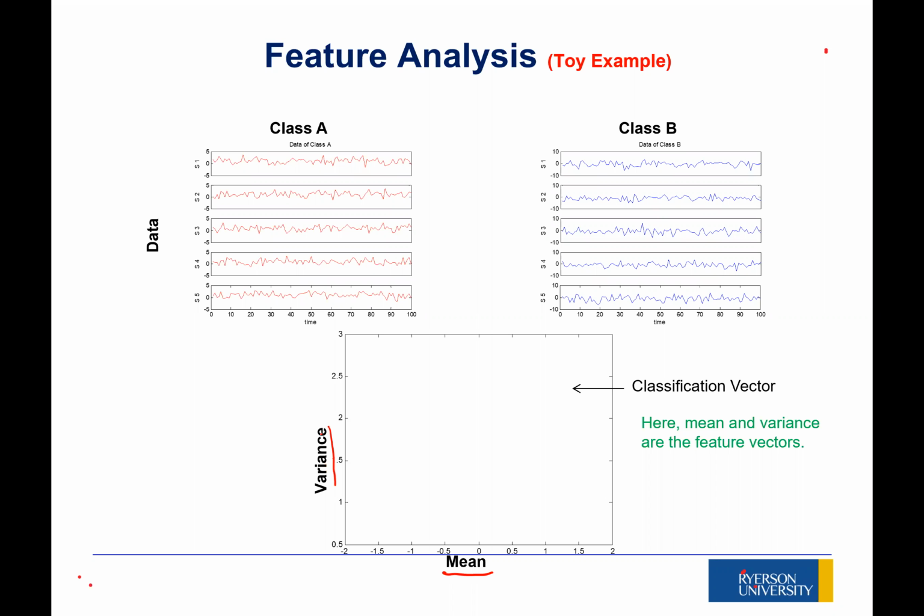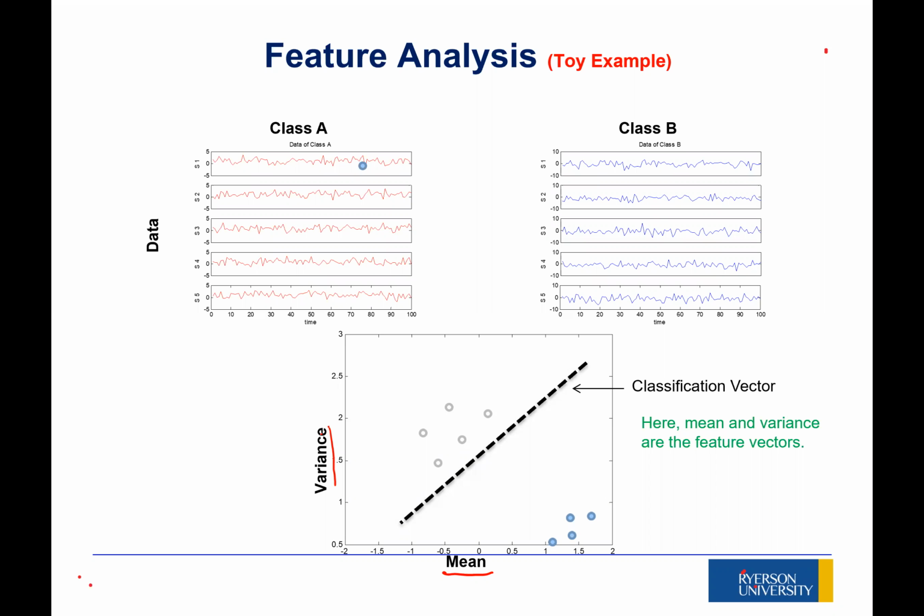Now what happens is that we will start to extract features from each of those 5 signals in class A and class B. So what has happened here is that in this toy example, it's pretty obvious when we extract the mean and variance of the 5 signals, class B signals were above the line, and the class A signals were below the line. Very nice clustering and very nice distinction of the two groups.